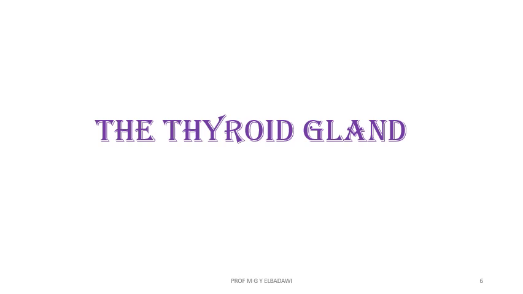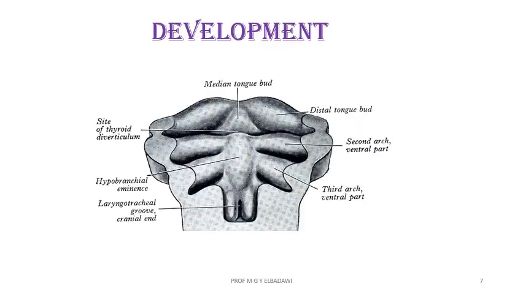The main structure in the infrahyoid region, which we are going to describe, is the thyroid gland. Start with the development of such a gland, which develops from the floor of the primitive pharynx. That is the first, second, third, fourth branchial arches in the primitive pharynx.